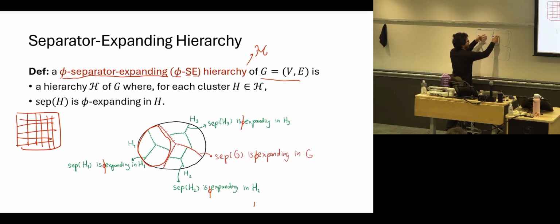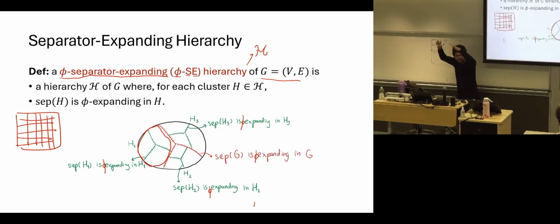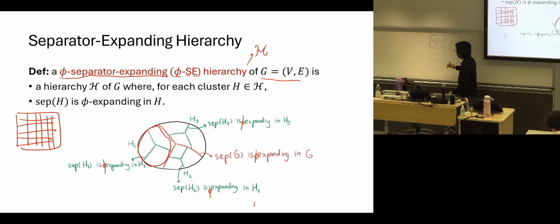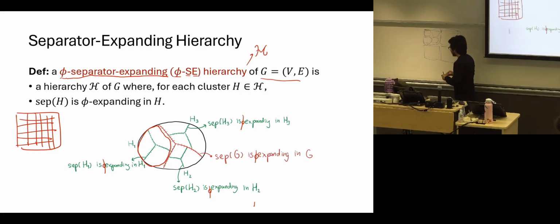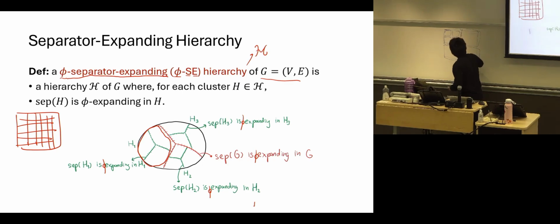This is my children, and the children of this look like this, and so on. Now, for each cluster, the separator is expanding, meaning that for this cluster, the separator here is expanding in this graph, and maybe the separator here is expanding in this graph.